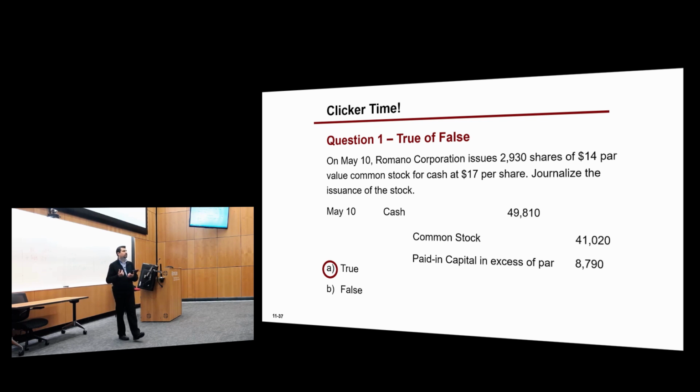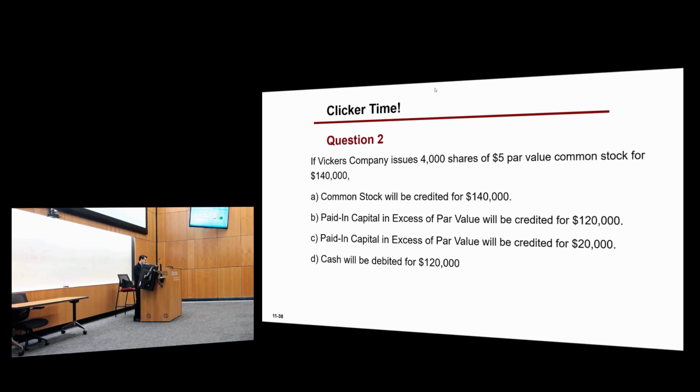You debit cash based on the market value, and you credit common stock based on par value. The difference between the two will be a credit to paid-in capital. Any questions? Okay, so we do have a majority who got it right.